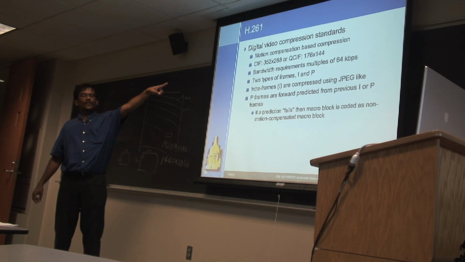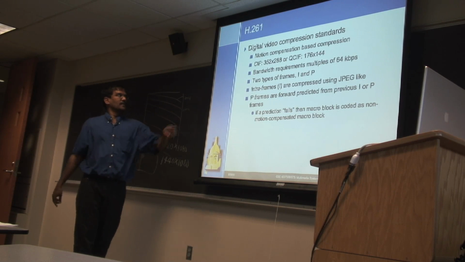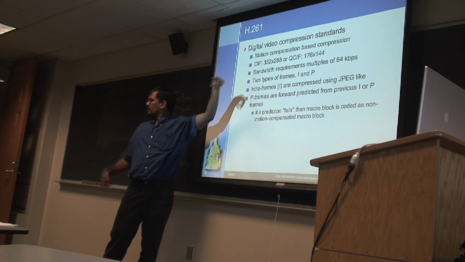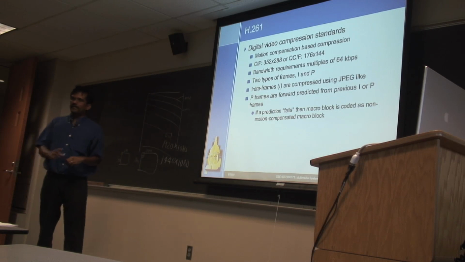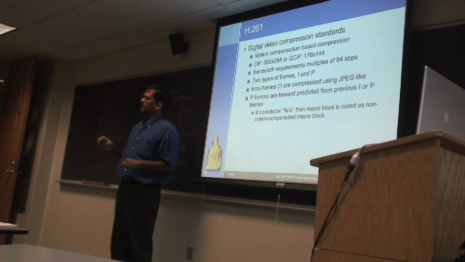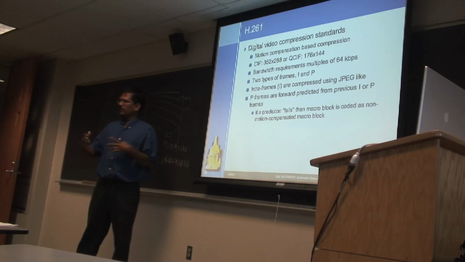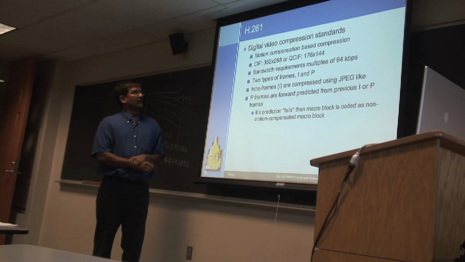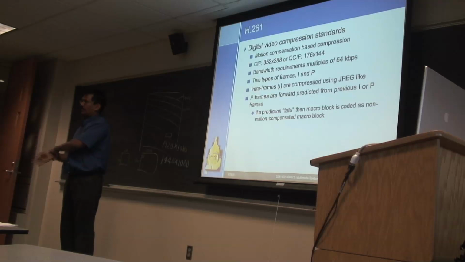QSIF is essentially quarter SIF, one quarter on each dimension of the SIF. It's defined as a video conferencing system, so the bandwidth requirement is in multiples of 64 kbps. It has a notion of an I frame and a P frame.